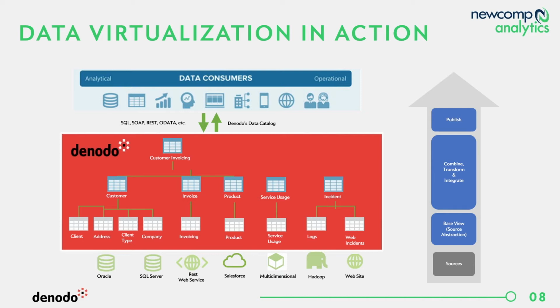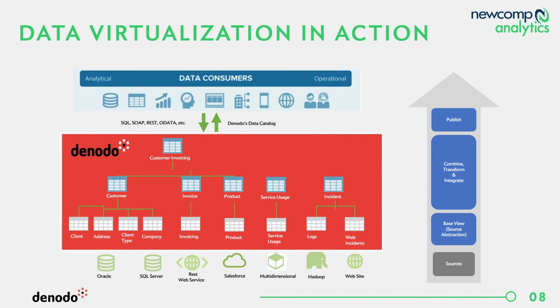From these sources, we create these gray tables, which we call base views. These are just metadata representations of what's in the underlying sources. Now, the key is no matter the format of the data in the underlying sources, the representation in Denodo looks relational. Once you've created these base views, you can define any kind of combination or transformation on the data that you want, which is this blue layer, and these are called your derived views.